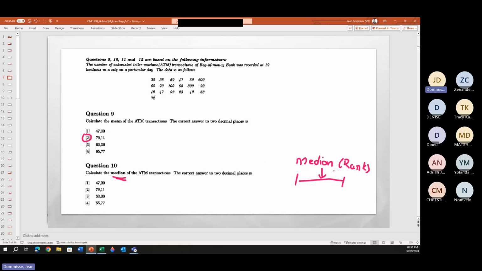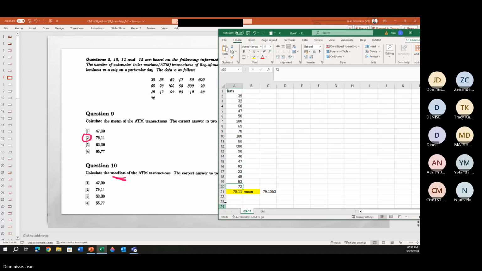You first need to rank the data. So when we do the median in Excel, it automatically ranks the data.